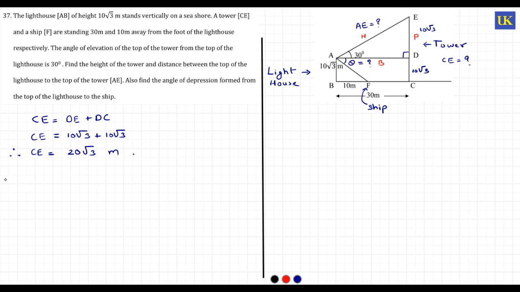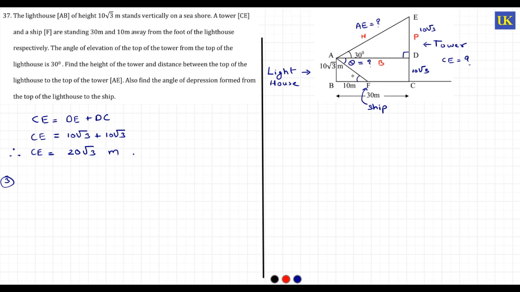Now the last thing they had asked us to find out was this theta. They have asked us to find the angle theta. Now this line and this line are parallel, and this line is acting like a transversal. We have studied in our earlier standards that this angle and this angle will be equal.